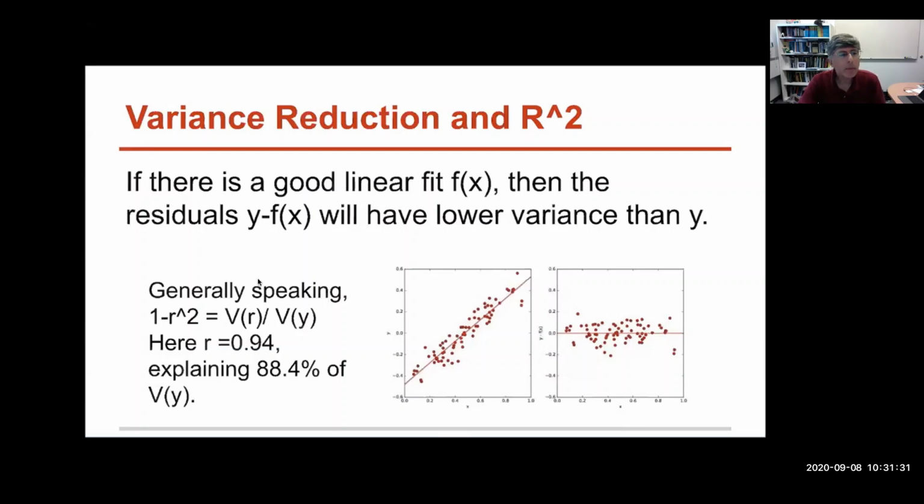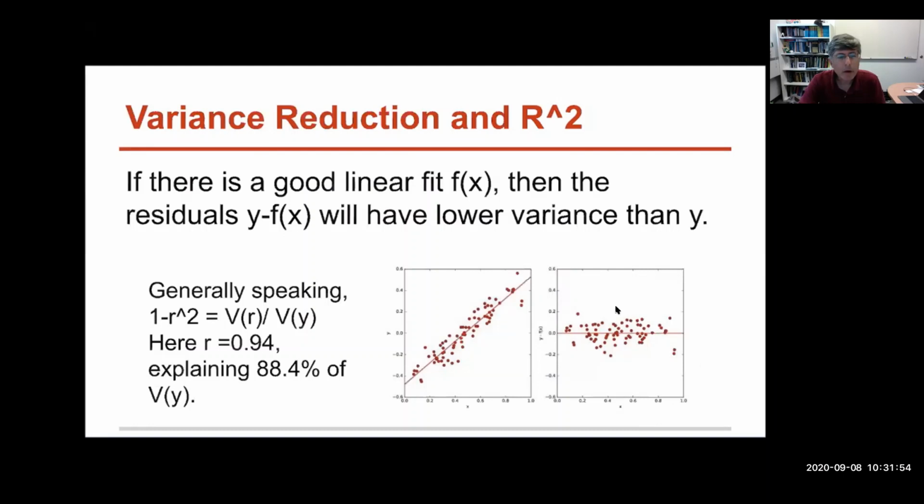The error in the prediction is y minus the value that our line gives us. On the right is the plot of the residuals. Notice that the differences between our prediction and the actual values, the range of that is a lot lower than it was on the original points.